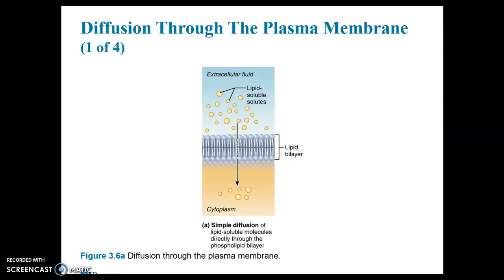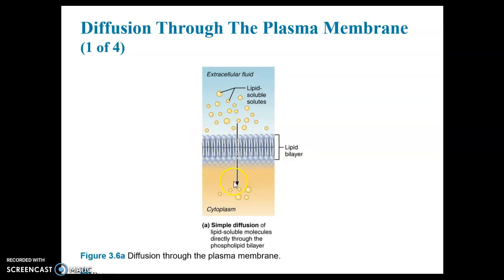So the first type of passive transport that we discussed was simple diffusion. This is when molecules move from their high concentration gradient, in this picture the extracellular fluid, to their low concentration gradient.